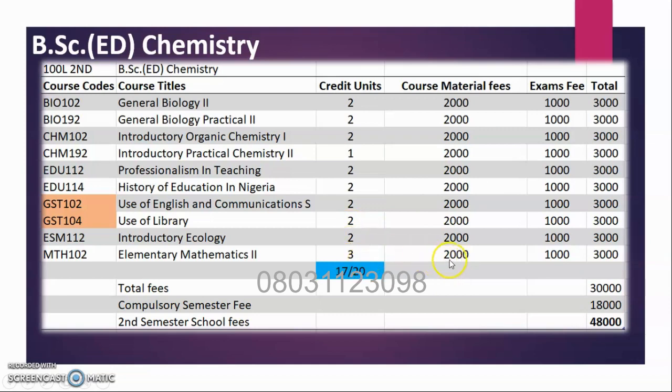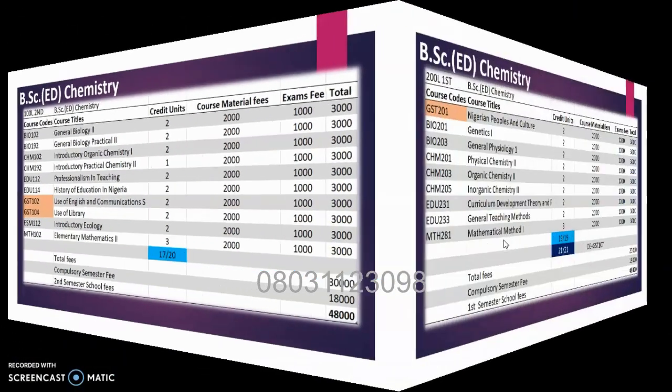With this, you can see the compulsory fee is now 18,000. So you have 48,500 as your total fee for this semester.